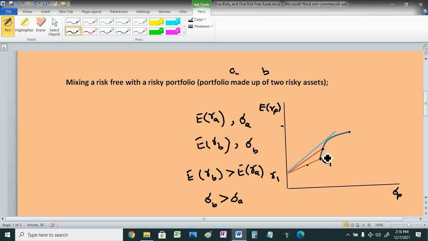Now see that if we move from point E1 to point E2, we have another portfolio, and if we are here, then this means that we have allocated all of our savings to the portfolio of risky assets, and if we connect this point to the vertical intercept, we again get a ray, the red ray this time, and any point on this ray will indicate the mixing of the risk-free security with the portfolio represented by E2.